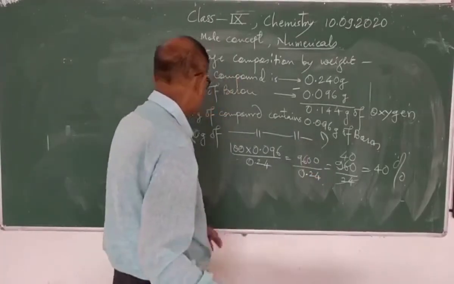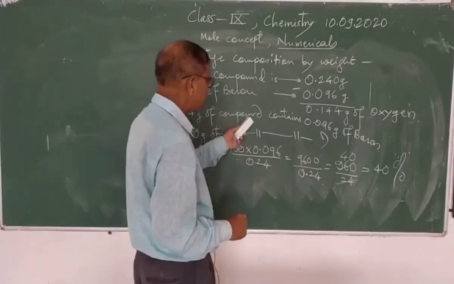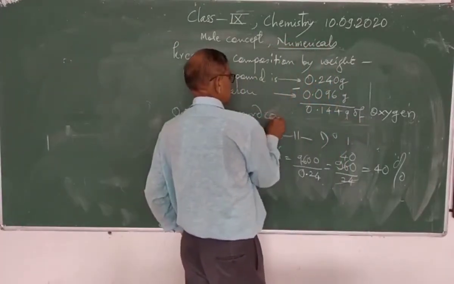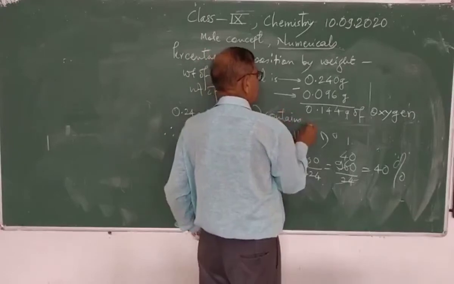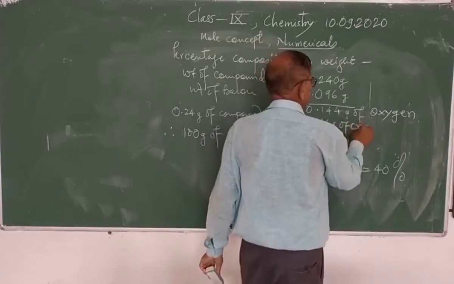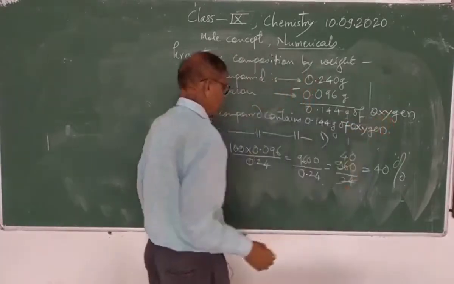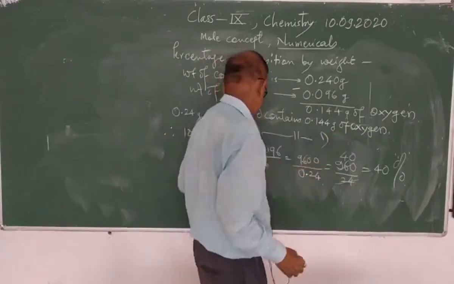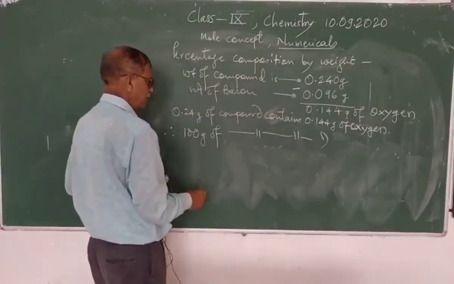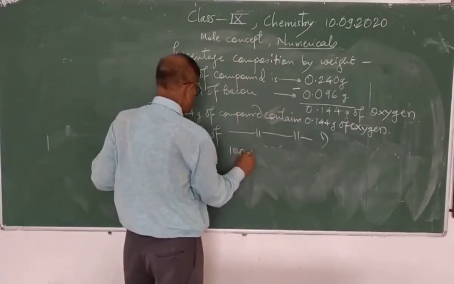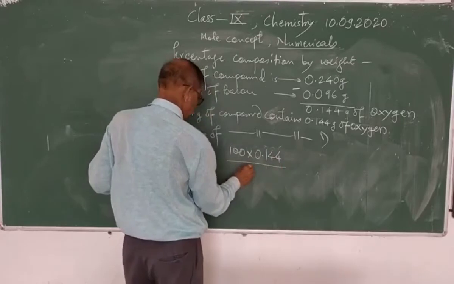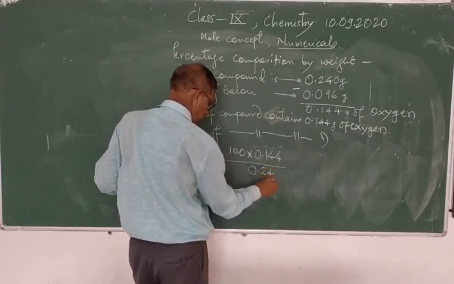Now we will calculate for the oxygen. 0.24 gram of compound contains 0.144 gram of oxygen, and hence 100 gram will contain how much? 100 into 0.144 divided by 0.24.